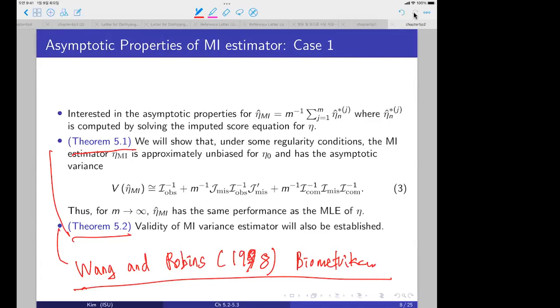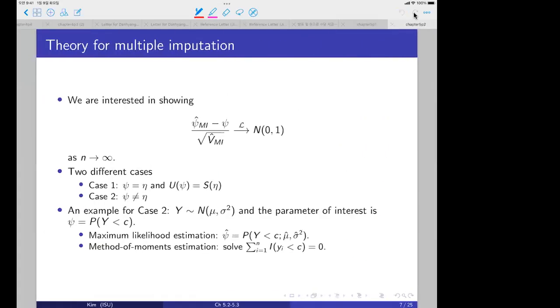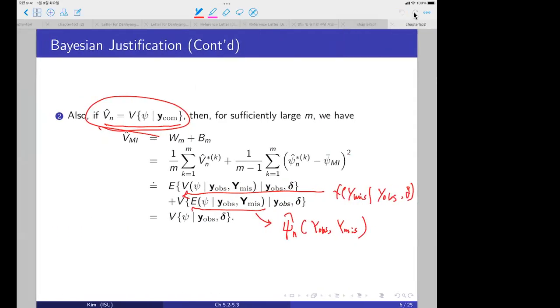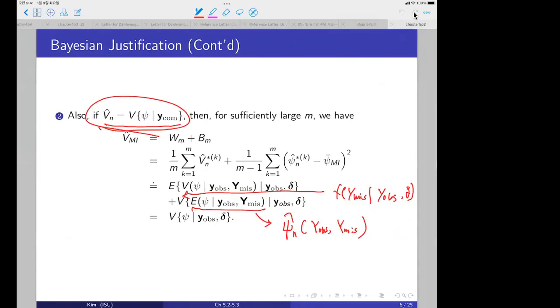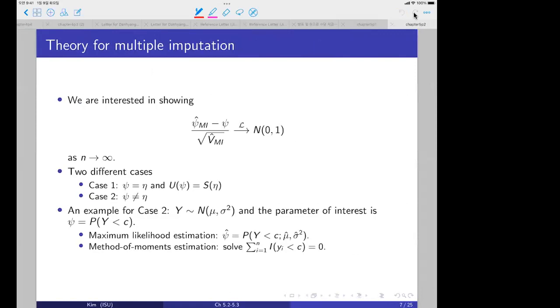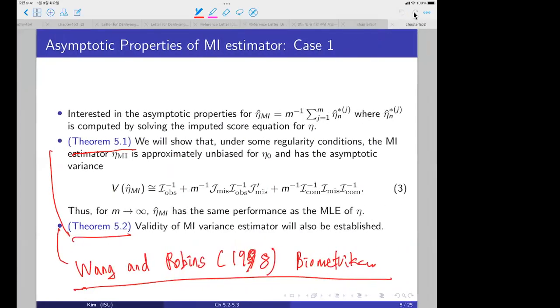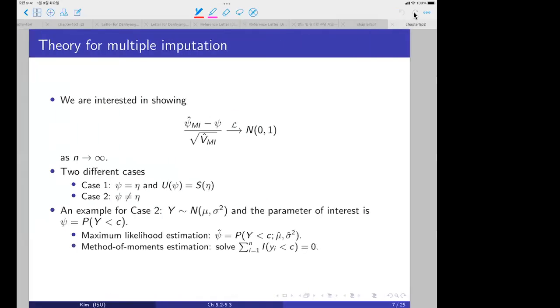It's interesting because multiple imputation has been promoted a lot without serious theory, so that was a mystery for a while. But later, these smart people figured out the theory. So we'll study this theoretical result today.